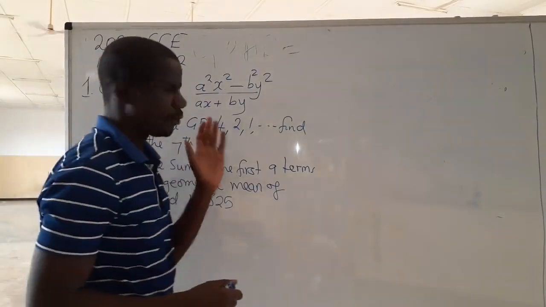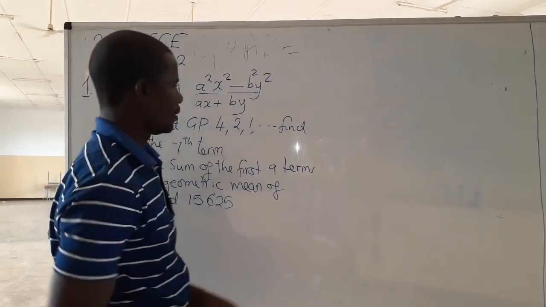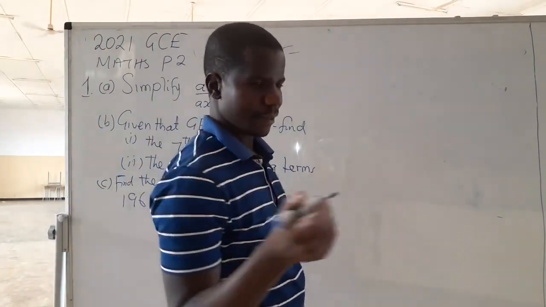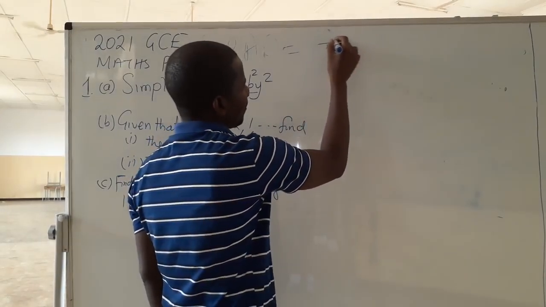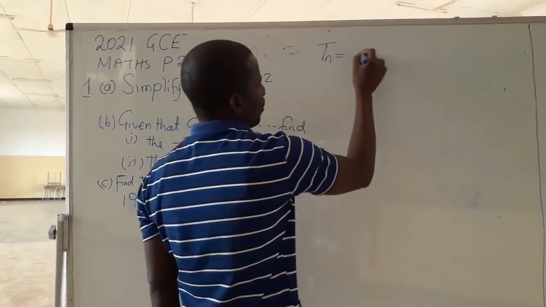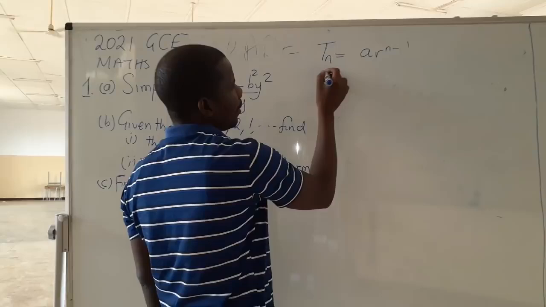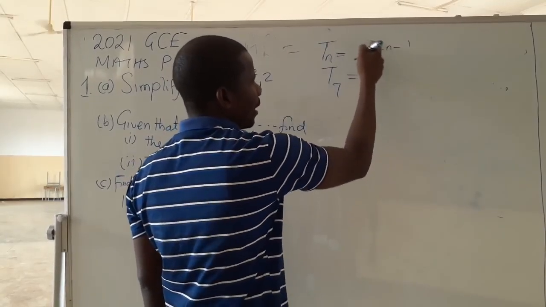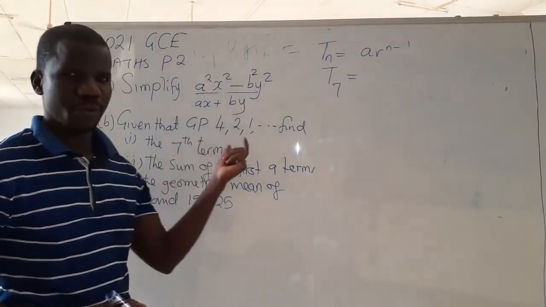Given that the GP, geometric progression, is 4, 2, 1, find the seventh term. How do we find the seventh term? We need to know the nth term of a GP. This is the formula that we use. What is our first term? Our first term is 4.